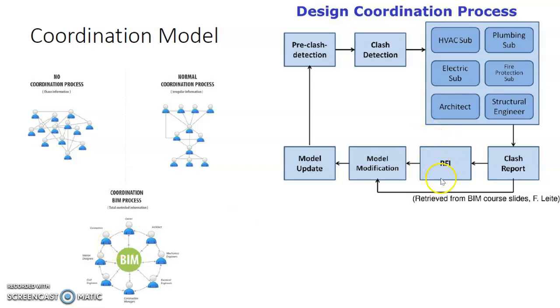So if there is a need, then the party can raise this RFI, and then after that we can modify the coordination model, as a result of revisions by either trades, or more information that is put into the model, and then we update the model, and then do a re-clash detection, and if clashes are detected, we get these different stakeholders to come together again to try to resolve the problem. So it's always a continuous cycle, a continuous cycle for improvement.